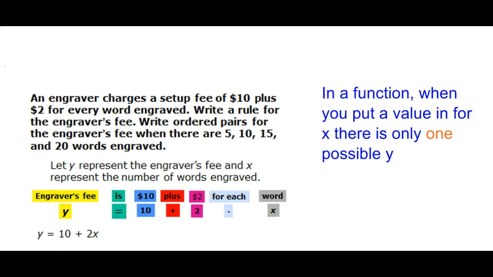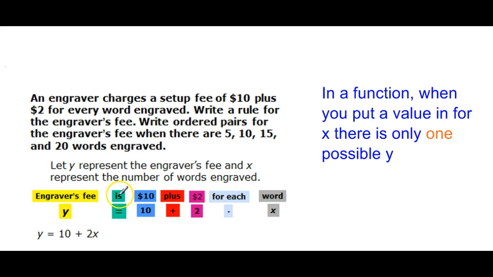All right? So, here's an example. We've got a word problem here. An engraver charges a setup fee of $10 plus $2 for every word engraved. We're going to write a rule for the engraver's fee. Then we're going to write some ordered pairs when there are 5, 10, 15, and 20 words engraved. So the engraver's fee, y, again, that is your dependent variable. That depends on what happens here.